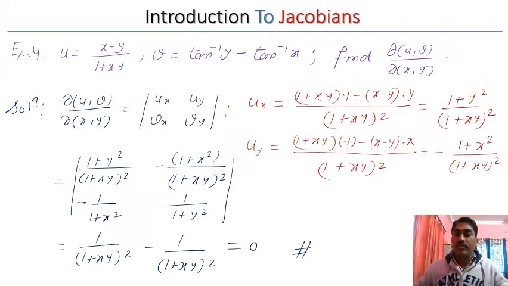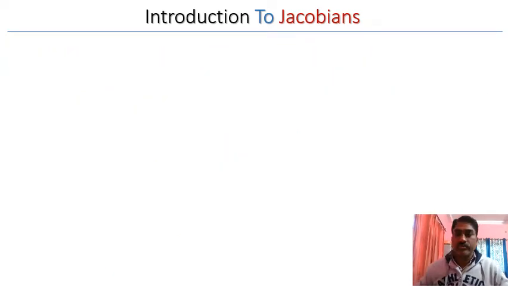Now we will take some more questions. So this will be our last example in this section. Let u1 be given by x1 by xn, and u2 be given by x2 by xn.